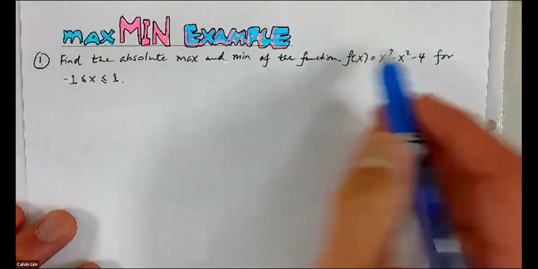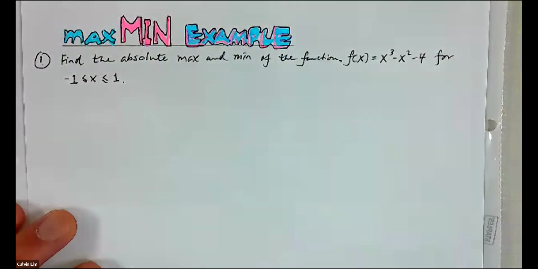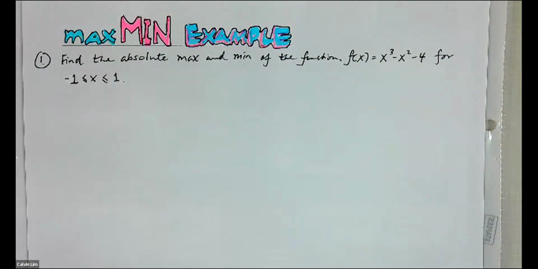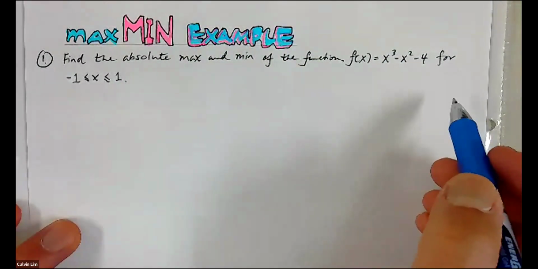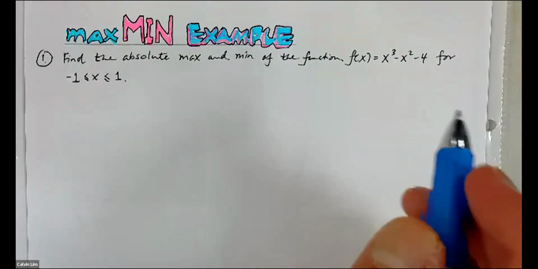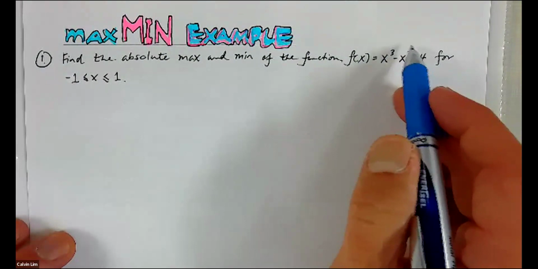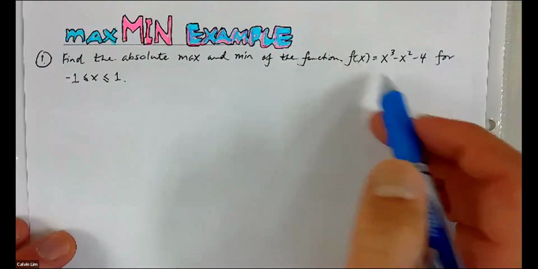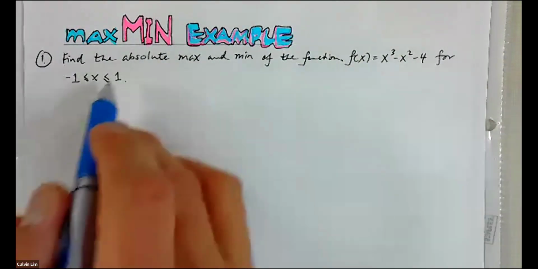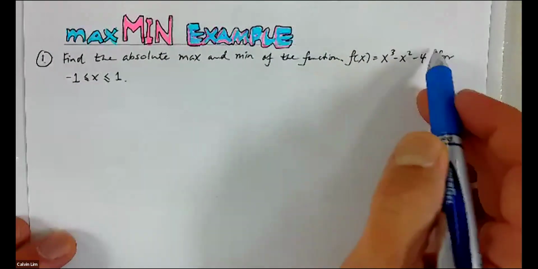So first, you have to try to see if you can use the closed interval method. Can you use the closed interval method for this? Two criteria. To use the closed interval method, the function has to be continuous within the specified domain. Is it continuous?